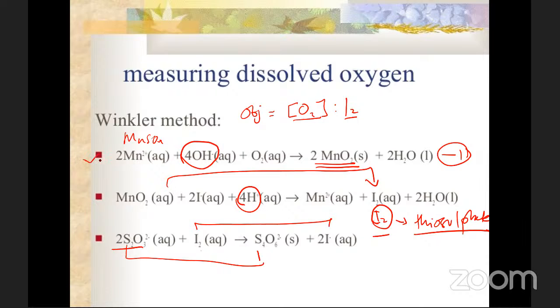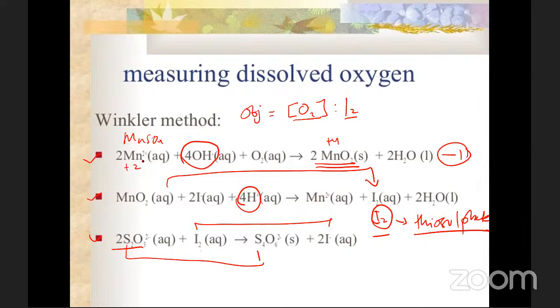So 1, 2 and 3, these three equations, you have to memorize it ataupun you have to understand it, right? You have to memorize. Kalau tak nak memorize, faham lah. But if you faham, then I don't think you have to memorize it anymore, because you know at first place Mn2+ akan oxidize and then jadi Mn4+.